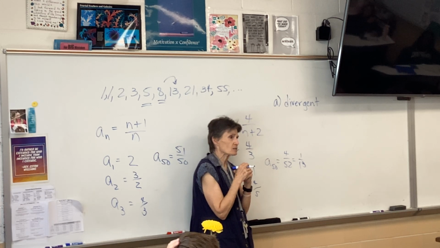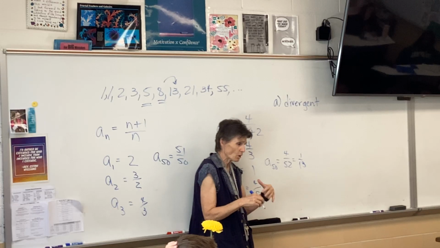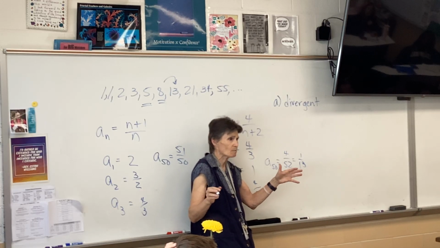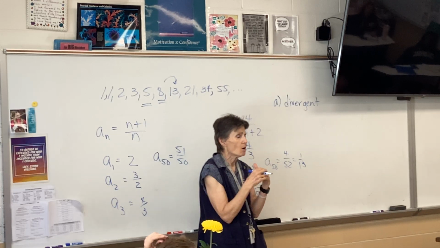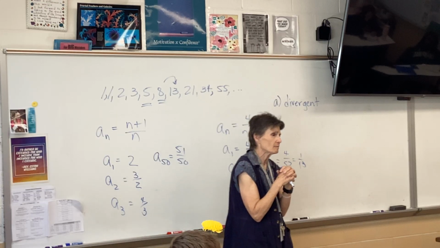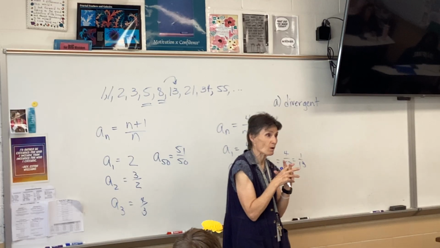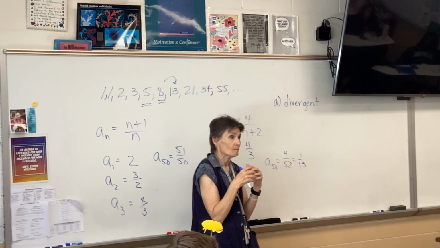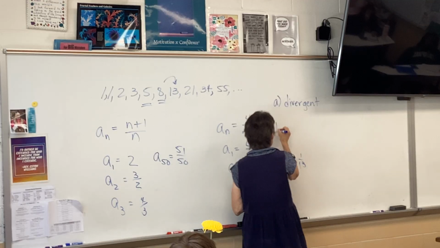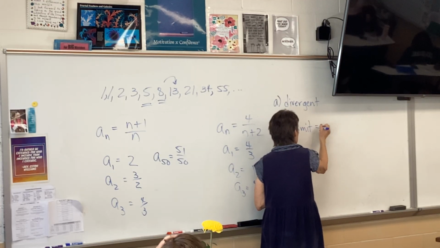Are they gonna keep getting smaller forever, like to negative infinity, or are they limited in any way? What are they limited by? Well, because it's a fraction, they're limited. So 0, absolutely, Jimmy. So that one is convergent, and its limit is 0.